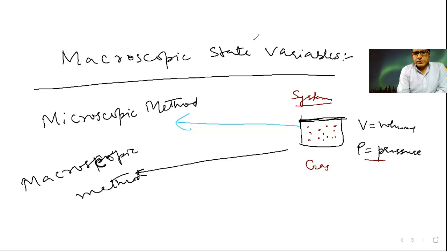So we have a gas kept at pressure P and volume V. Now I am saying this system can be described using microscopic method and macroscopic method. We discuss first these methods. First, microscopic method.